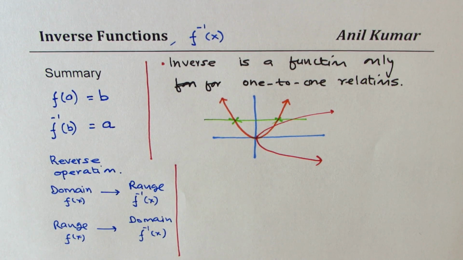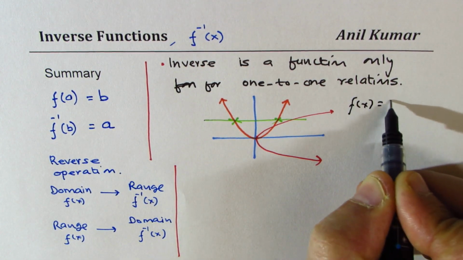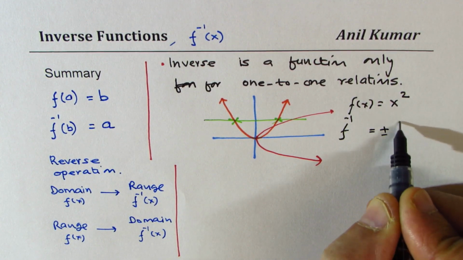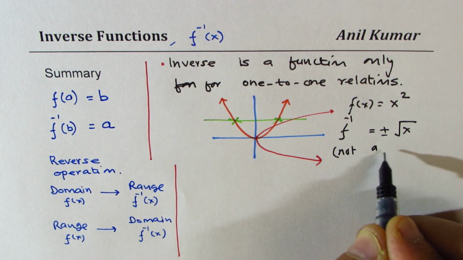Do you see that? So in this example, if the function f(x) is x squared, then inverse will be plus minus square root of x, which is not a function.